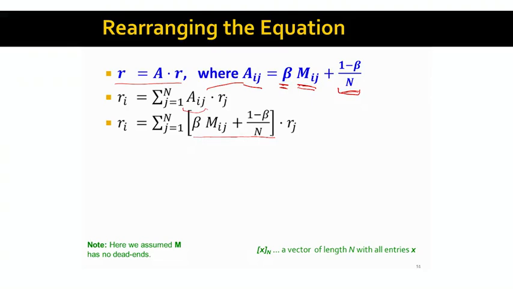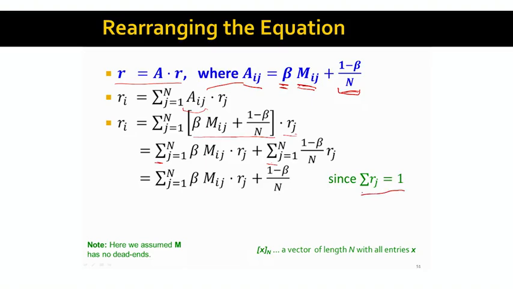Here I'm expanding the definition of A into how we computed matrix A, and I have my entry from the rank vector R. Now I can distribute the summation, so we have two summations, both over the same range. One thing we know is that vector R is a probability distribution, which means that the entries of vector R sum to 1, which means that the sum over j of r_j sums to 1. So the second summation simplifies to just this constant of 1 minus beta over n.